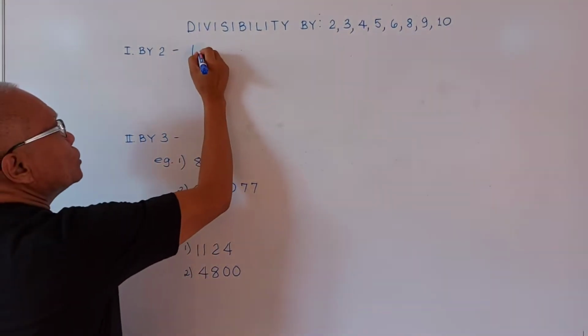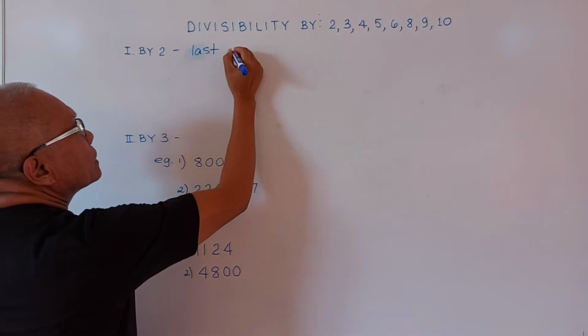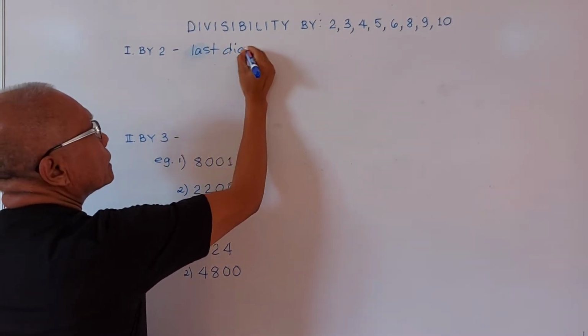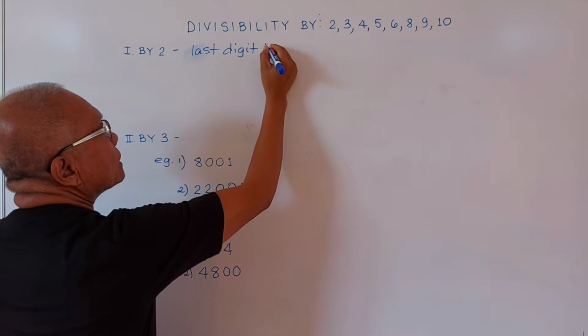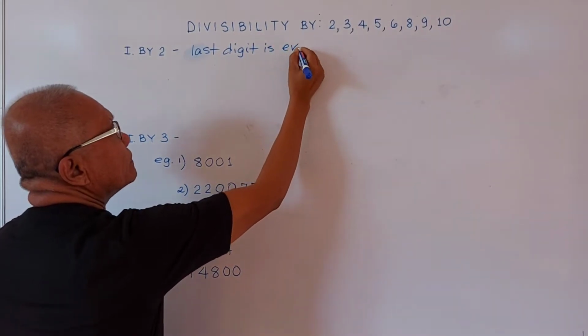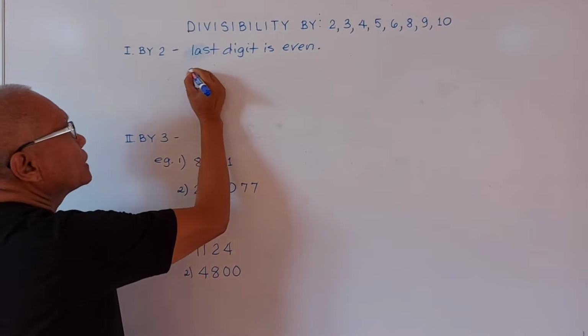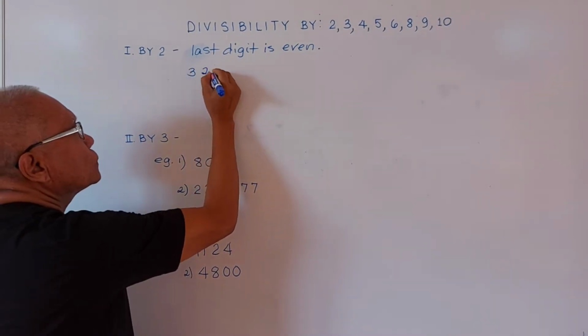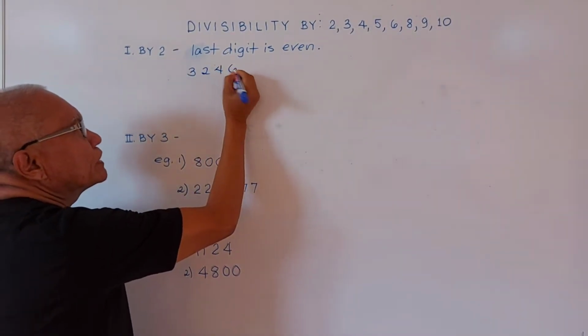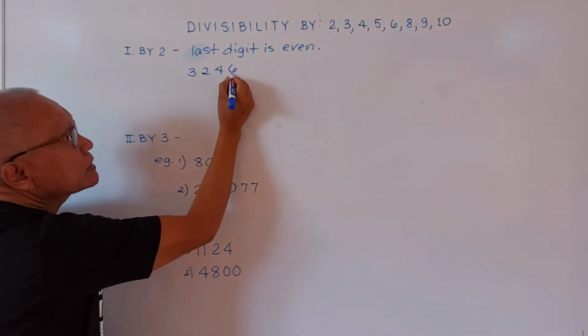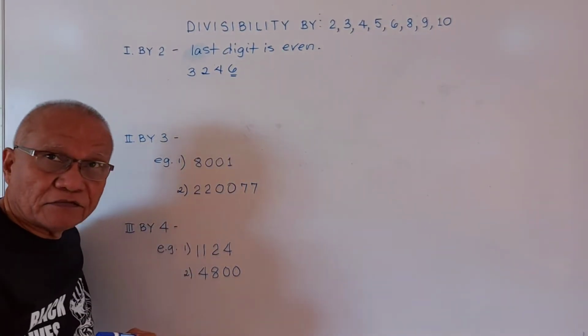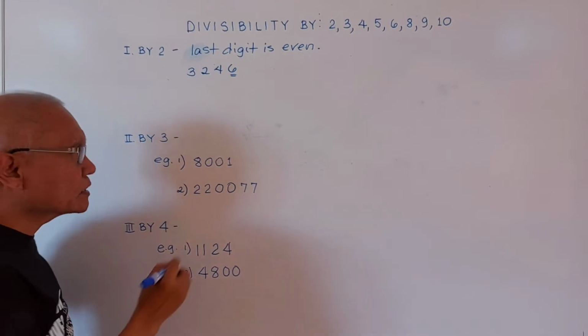So if the last digit is even, for example, we have 3,246. This is an even number, 6.